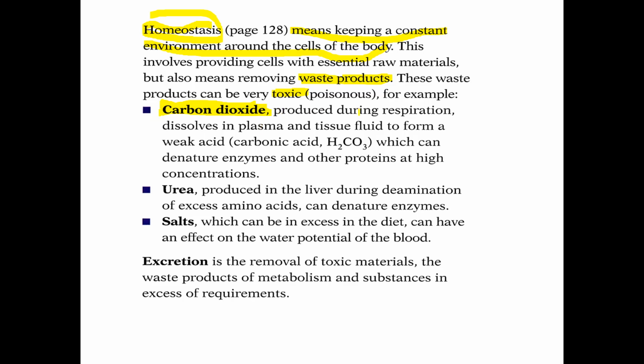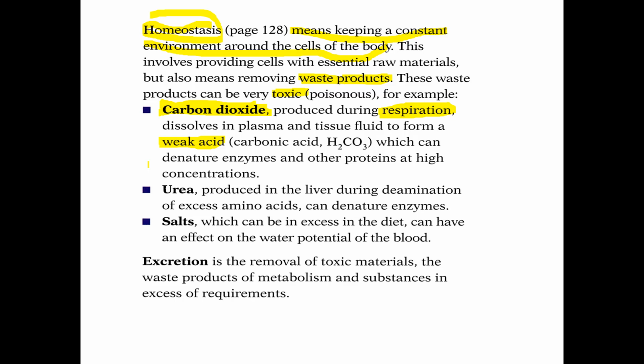Carbon dioxide produced during respiration dissolves in plasma and tissue fluid. It will form a weak acid. This weak acid, we call it carbonic acid, which can denature enzymes and other proteins at high concentration. More details about carbon dioxide, or why carbon dioxide is a toxic material.